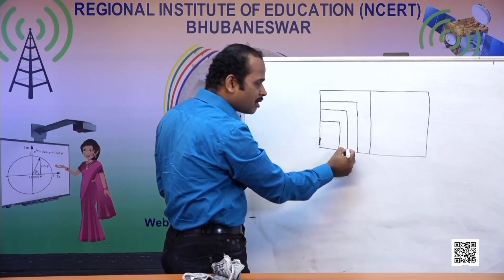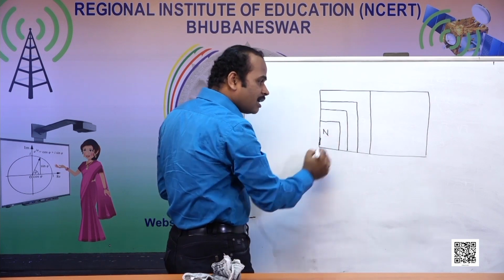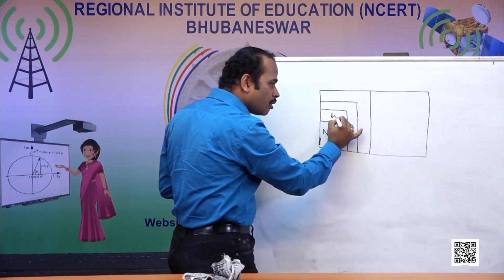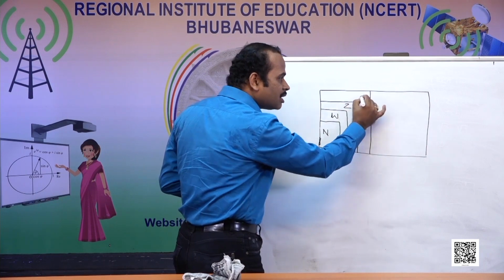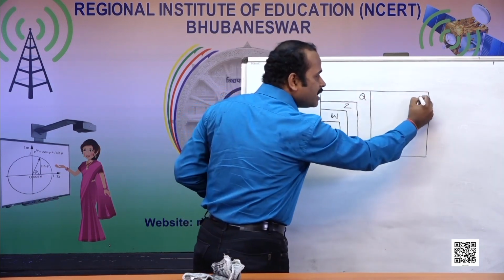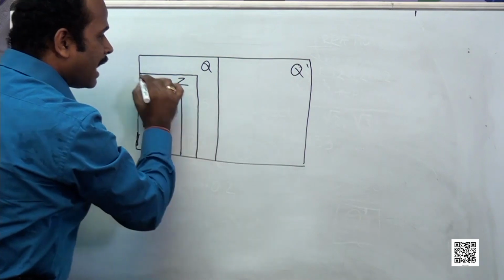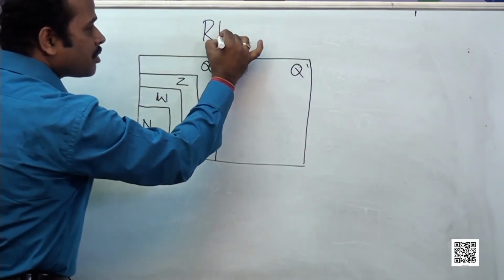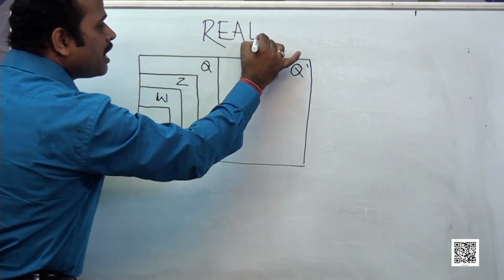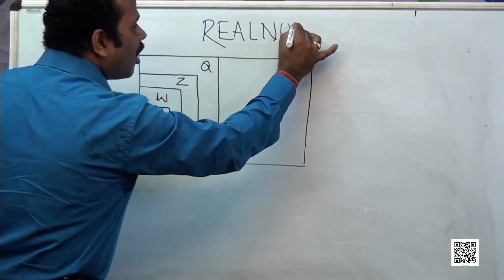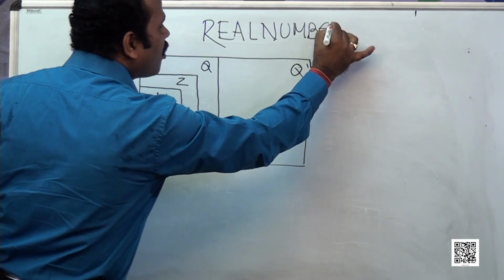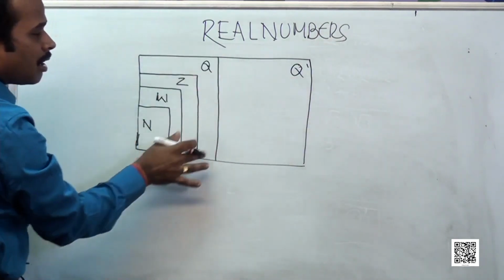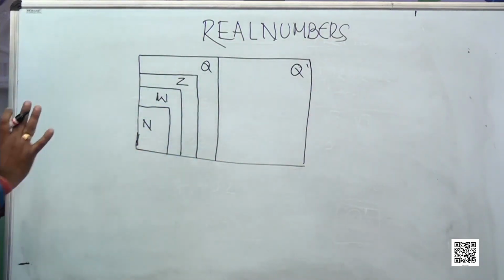So I can write this as N, then this will be W, this will be Z, this will be Q, and this is Q dash, and together the entire set is R, the real number set. So these real numbers are a combination of all the rational and irrational numbers.